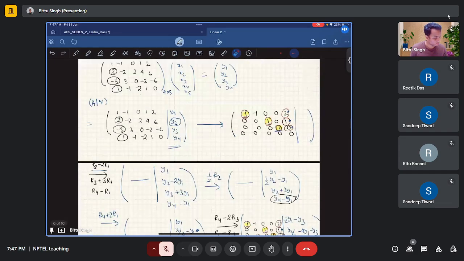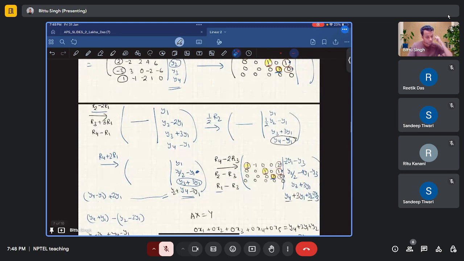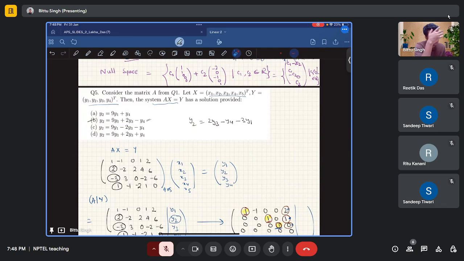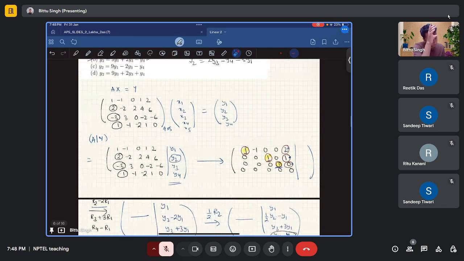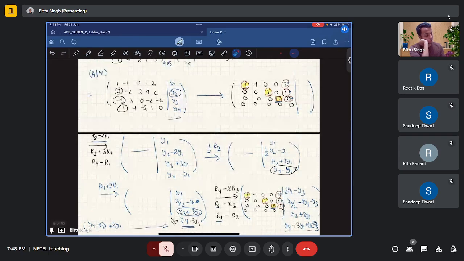There I got something wrong. So again we are applying those row operations. First one is R2 minus 2 R1. This is R3 plus 3 R1.